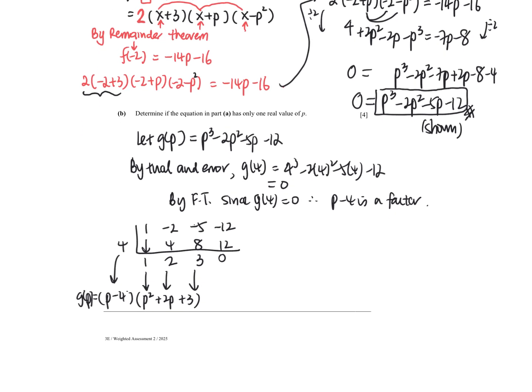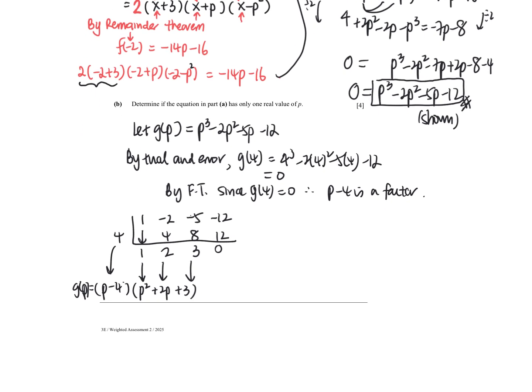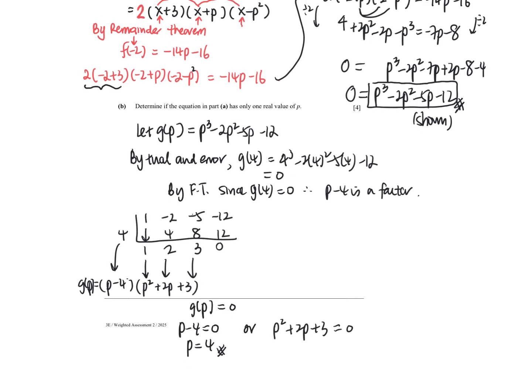So if you want to solve it, you will equate to 0. So p minus 4 is 0, or this whole thing is equal to 0. So one solution is here. You have shown that there's one solution already. You just need to prove that this part cannot be solved. So you go and find the discriminant. Likely you cannot solve it.